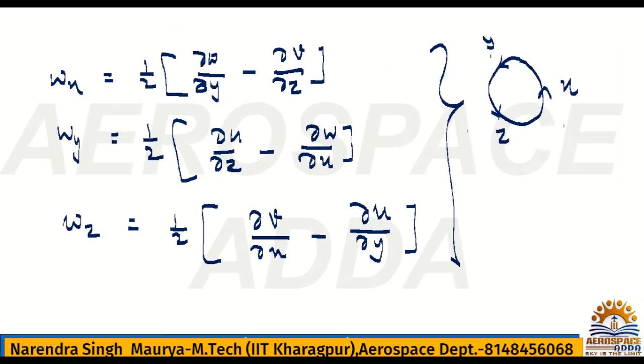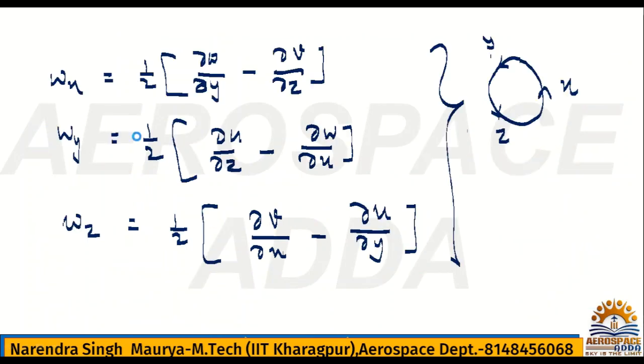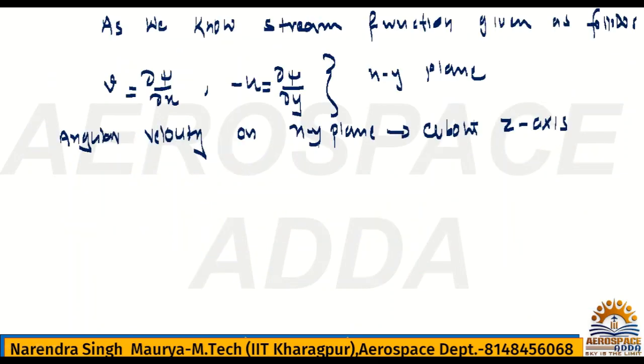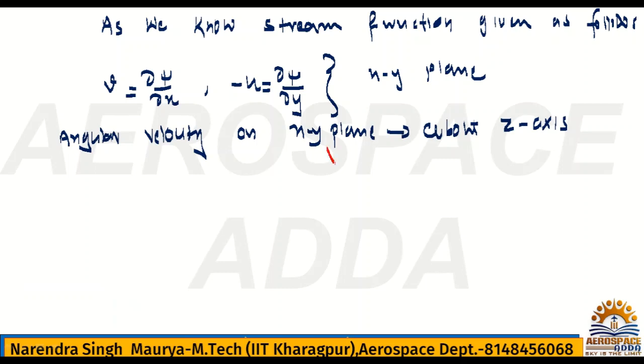Somewhere I have written about xy plane, or about z axis. On xy plane or about z axis, the meaning will be the same. So here I have written on xy plane or about z axis, and the meaning will be the same, so there should not be any confusion. Both are the same.